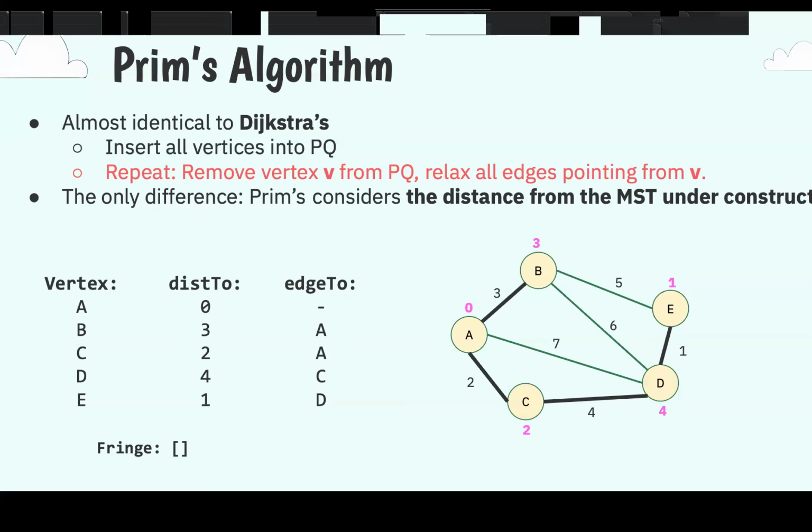But sometimes it won't. Sometimes the MST and the shortest path tree are not the same. If you go back to the lecture that Hug gives, he'll show you that you can find the MST if you run Dijkstra's on the right vertex, but not all graphs will give you the minimum spanning tree if you do it that way.